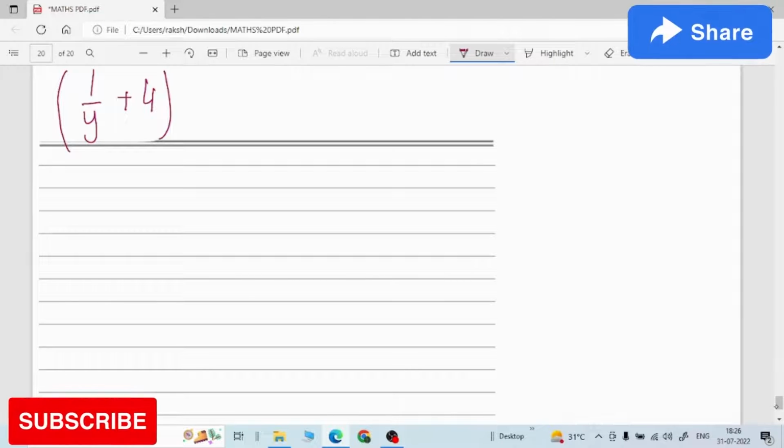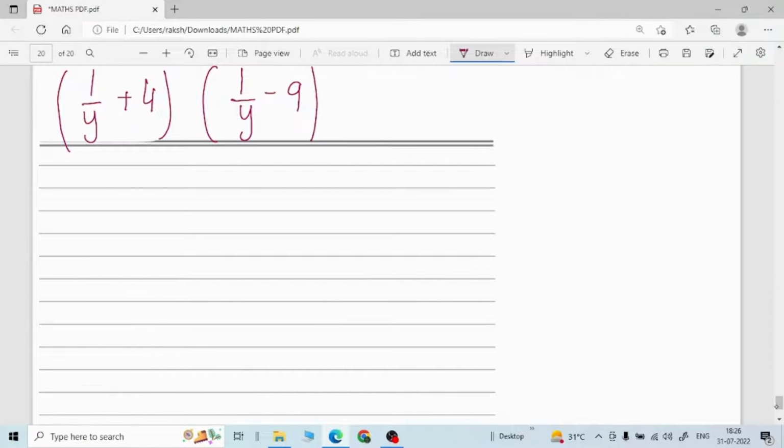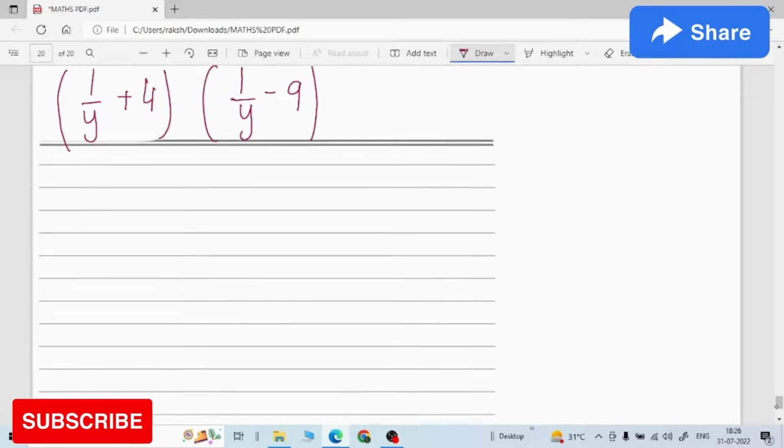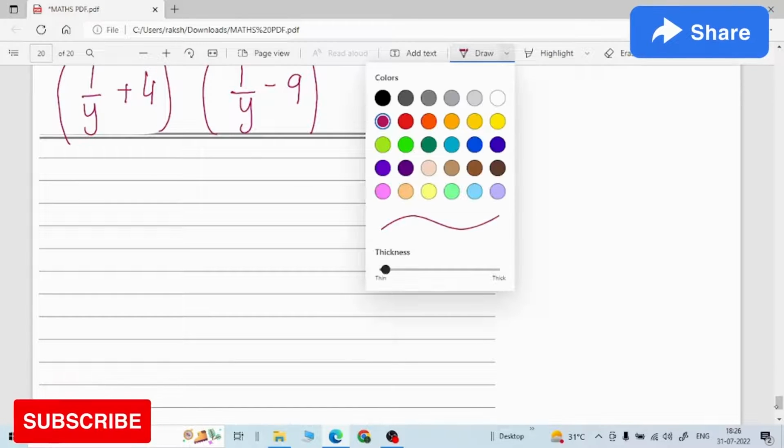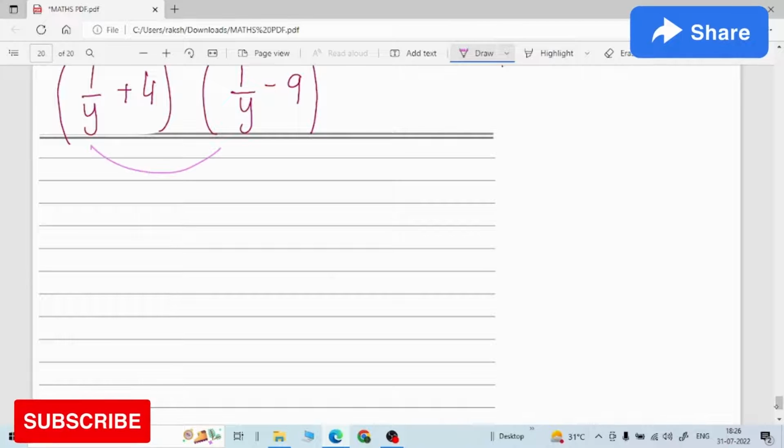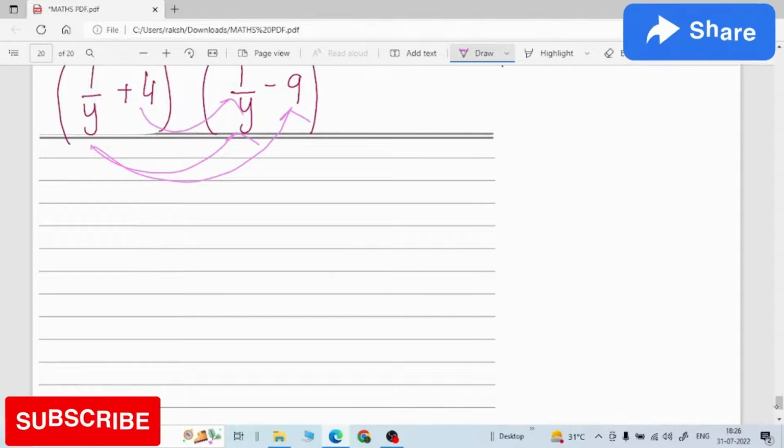Next one, the last one, that is 1 upon y plus 4, 1 upon y minus 9. So this with this one, again this with this one.